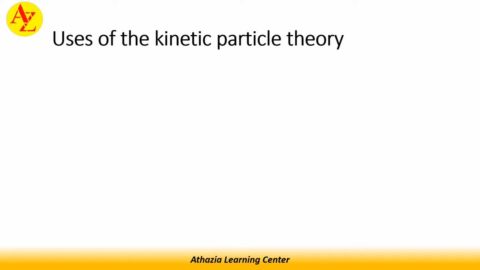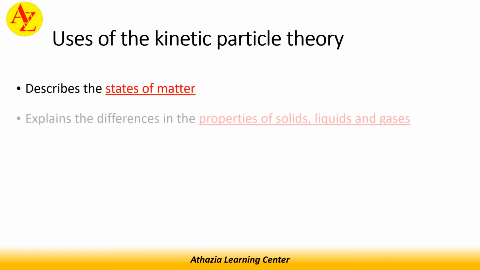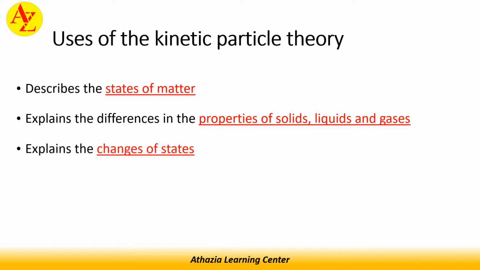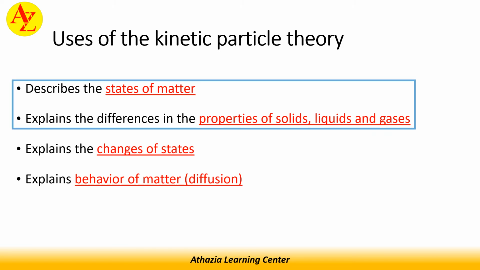Kinetic particle theory can be used to describe the states of matter, to explain the differences in the properties of solids, liquids, and gases, to explain the changes of states, and to explain the behavior of matter, in this case, diffusion. But in this video, we only focus on the first and the second use of kinetic particle theory.